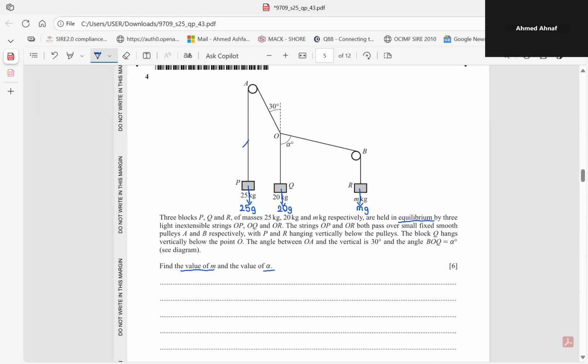Let's label this T1, and this as T2. And this as T3, and this is T4, and this is T5.